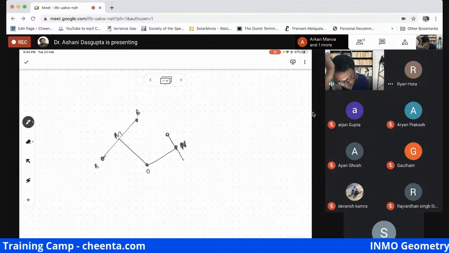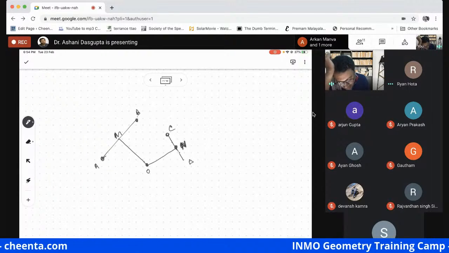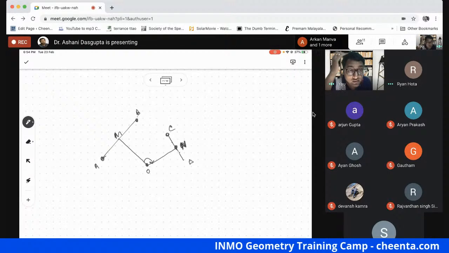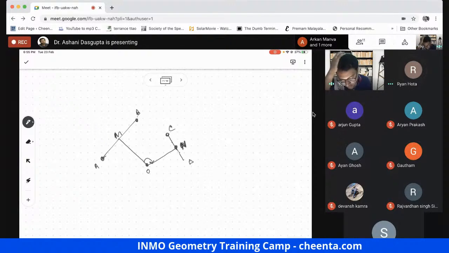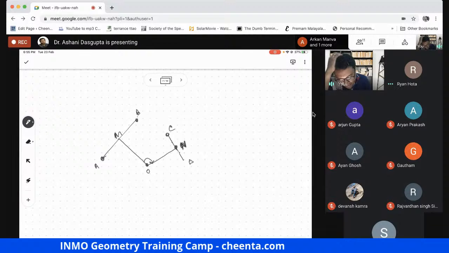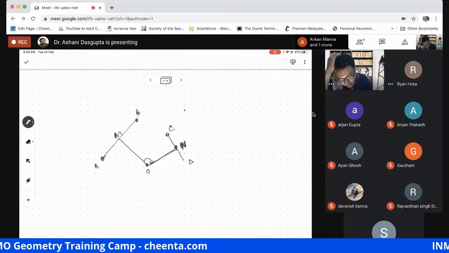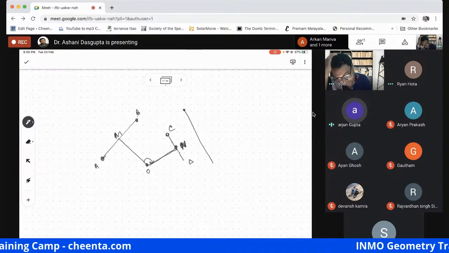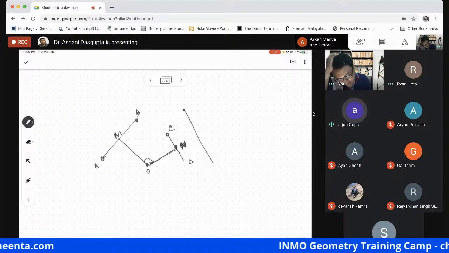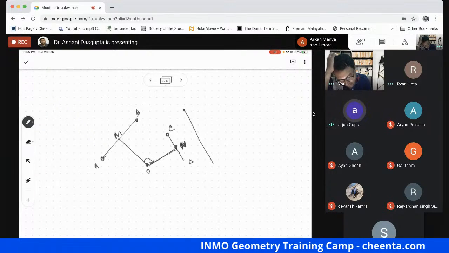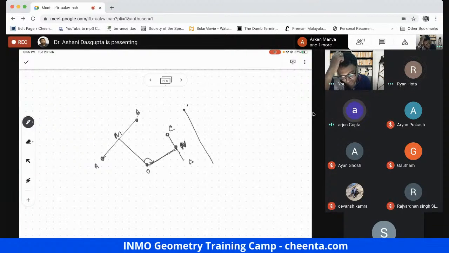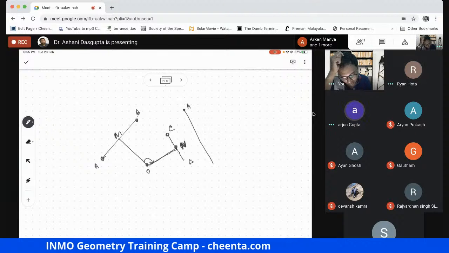So you are saying that MON is the angle of rotation? Yes, sir. But I think your method will work only if angle AOB is equal to angle COD, and that's not always true. I'm coming to that.